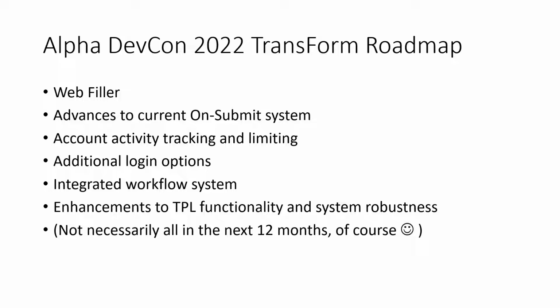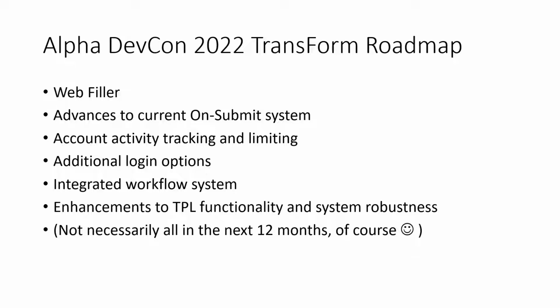So what's my roadmap? What am I willing to say this year? This year, I'm going to talk about the web filler, about advances to the current on-submit system, what we're going to do to evolve that somewhat forward, and we'll be talking about adding account activity tracking and limiting.